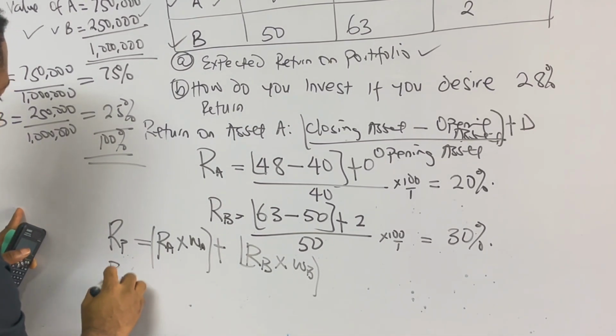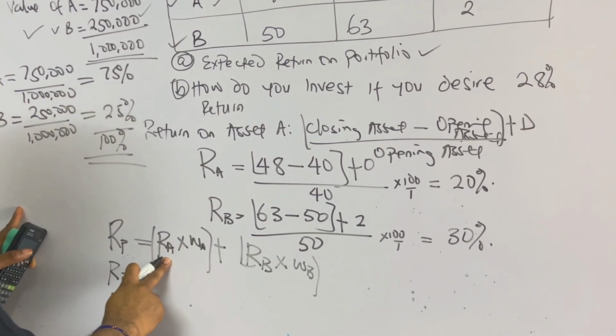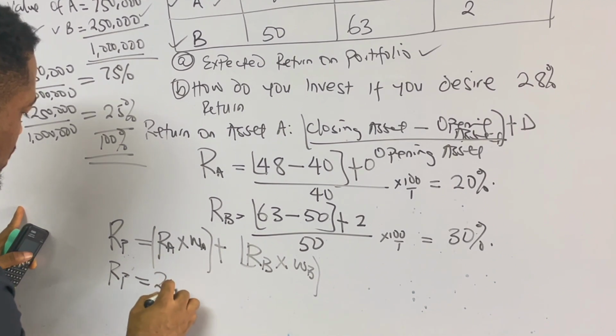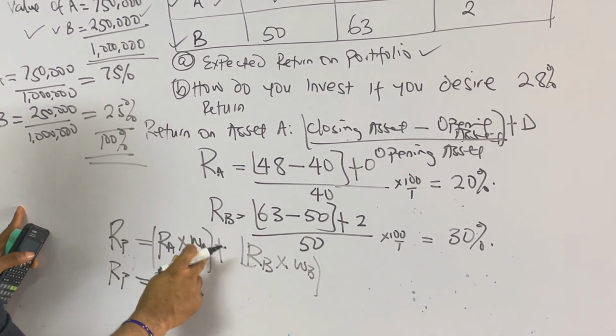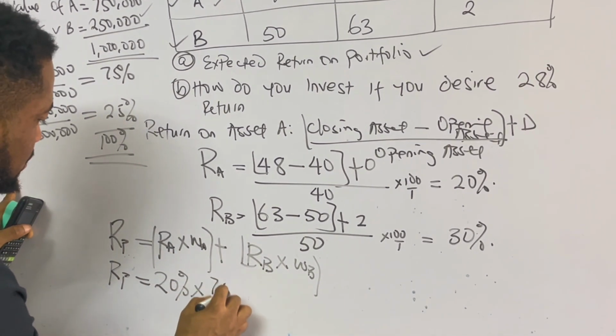Our total return here becomes: return on A is 20%, multiplied by weight of A, which is 75%.